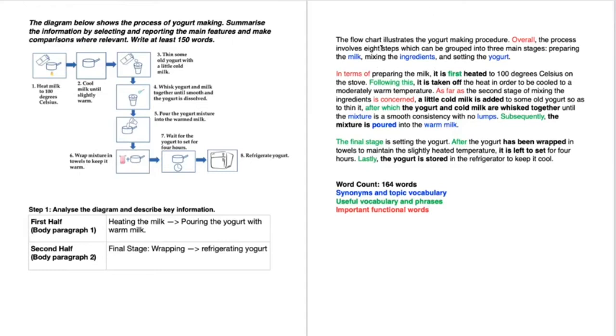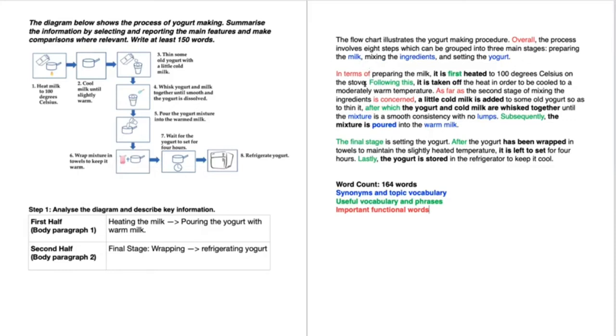Also keep in mind the paraphrasing that we did in the introduction paragraph. Let's take a look at the red, important functional words. This sets the stage and makes everything a bit logical. So when we're talking about the whole process, we see overall. Then in terms of something, so we talked about in terms of preparing the milk.